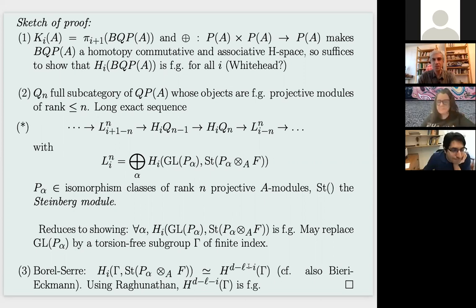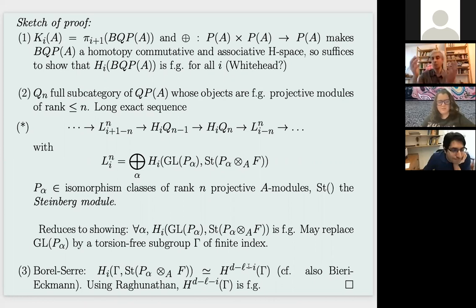Was it a question? No. Oh, one comment though. I think for Borel-Serre duality, you need to twist with something for GL. I think you stated it correctly for SL, but for GLn of Z, when n is even, you need to tensor with the determinant representation. That's possible, yes. Let's say the proof works. Maybe it's sloppy. No, Quillen is never sloppy, but I remember that to use Raghunathan's theorem, that's where he reduces to SL.